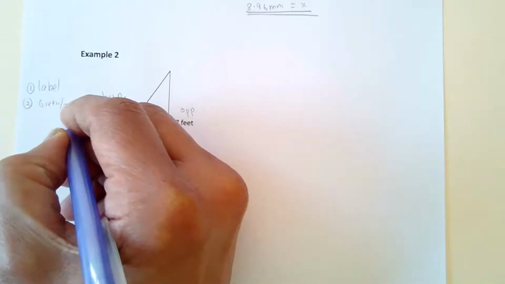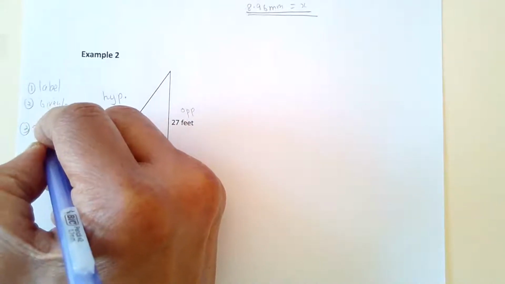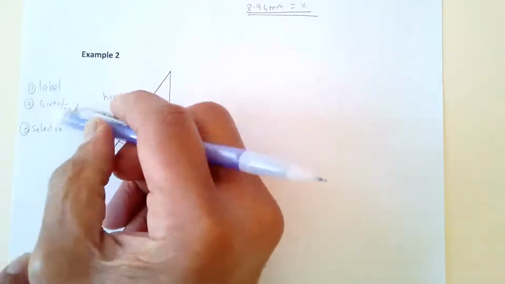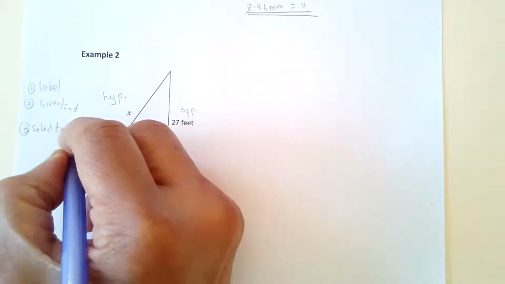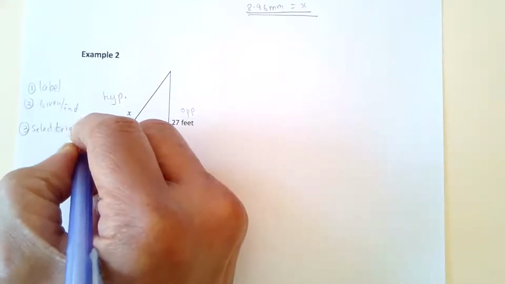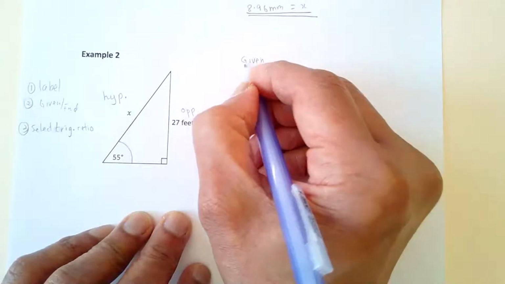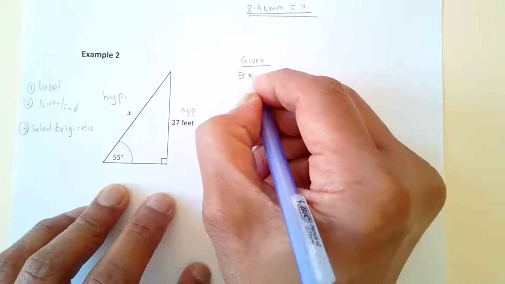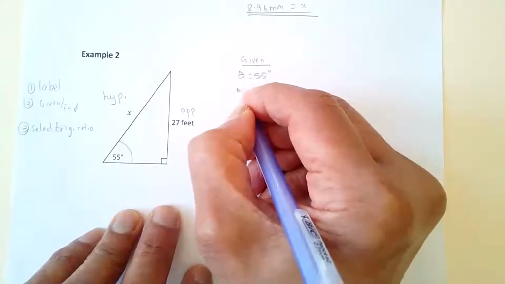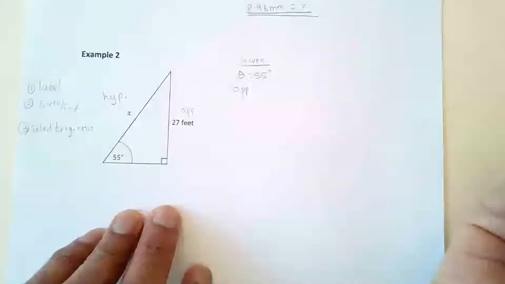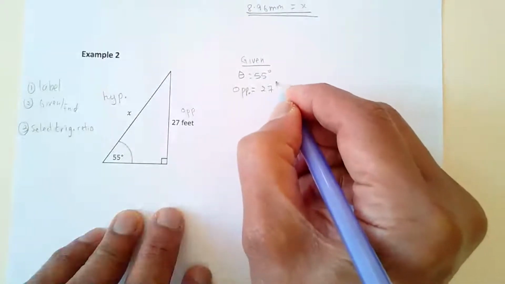And in this third step, we select our trig ratios. So given theta, which is 55 degrees, I'm given the opposite side, which is 27 feet.